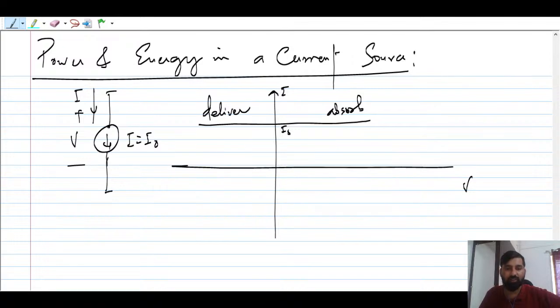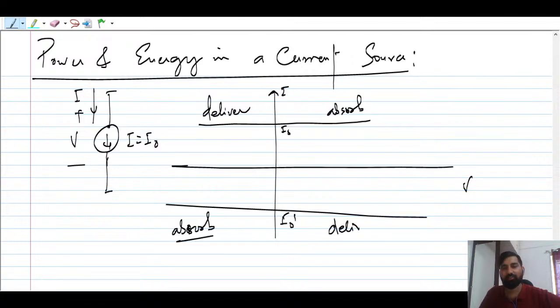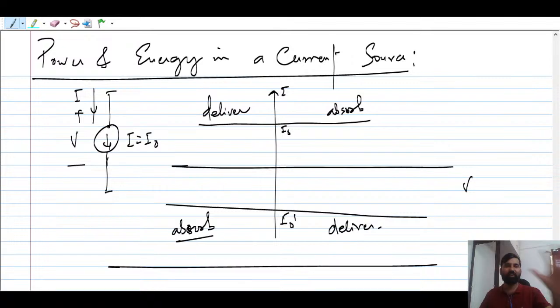Now suppose the current is I naught dash. Here the power is absorbed, and here the power is delivered. You should never think blindly; you can directly do it, because I've told you quadrant-wise where the power is absorbed and where it is delivered. So don't be blind while solving the question.